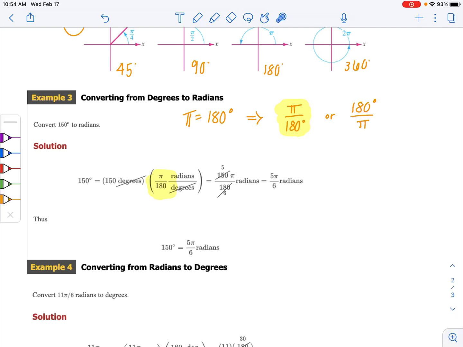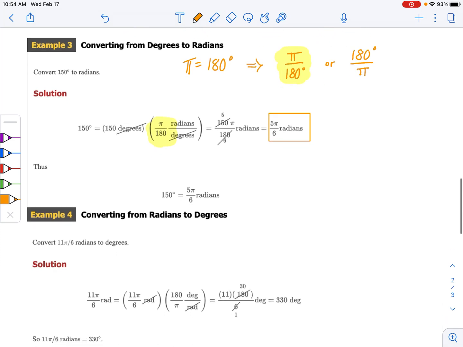In order to cancel, it has to be in the denominator. So I'm using the first conversion. I multiply straight across, get 150 pi divided by 180 radian. Degrees, that unit is gone. Simplify as always, and here is your final answer. Don't need to memorize, it just makes sense. If you cancel out degree, it needs to be in the bottom.